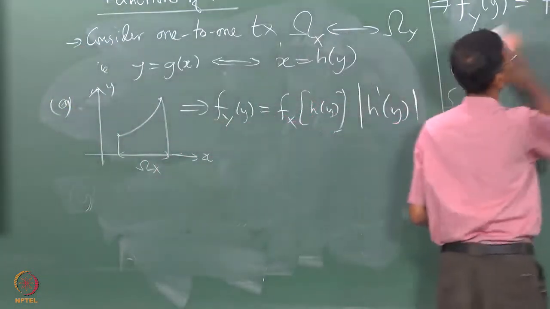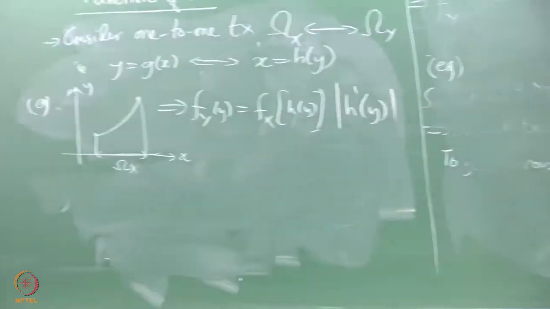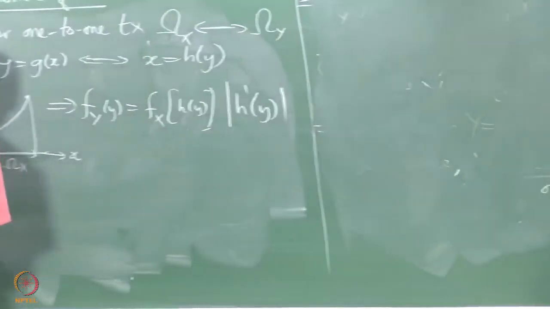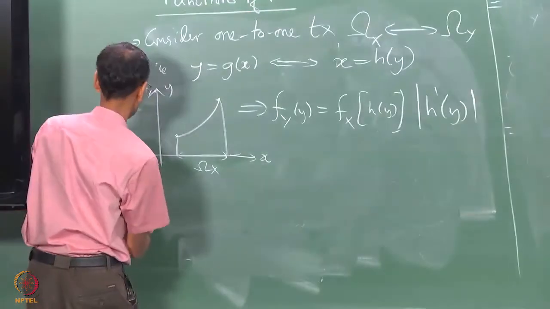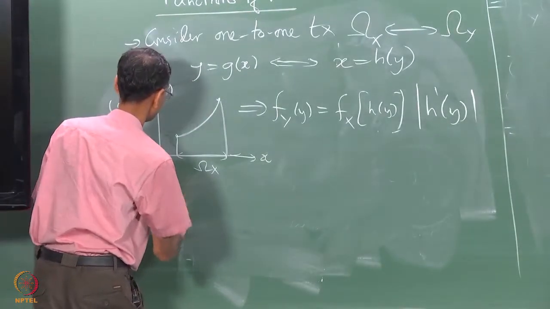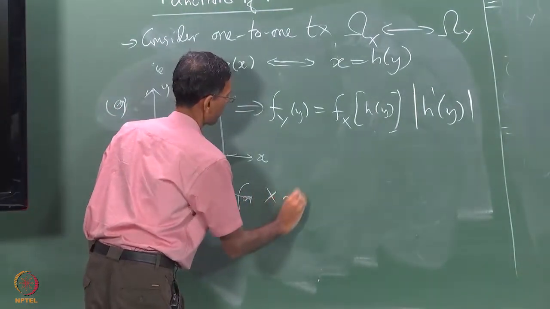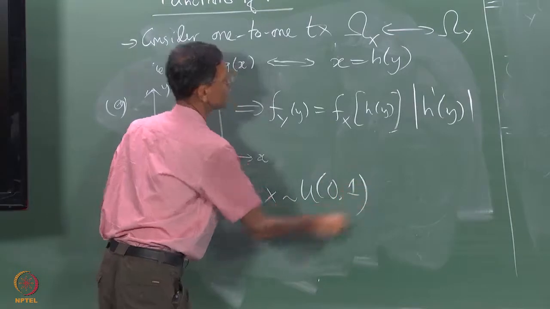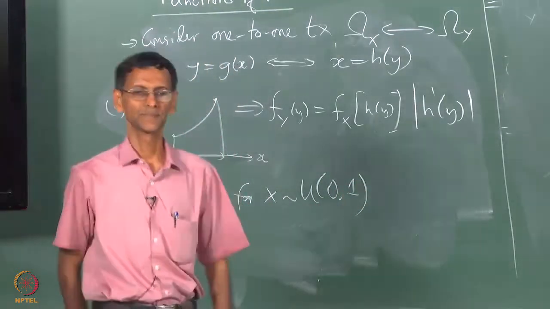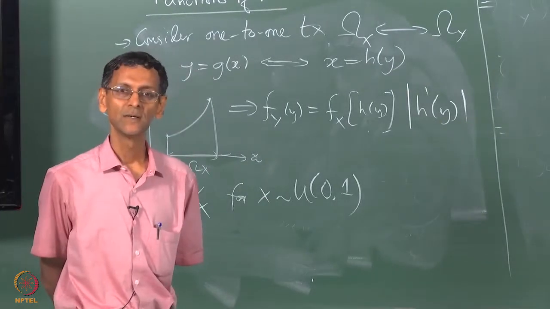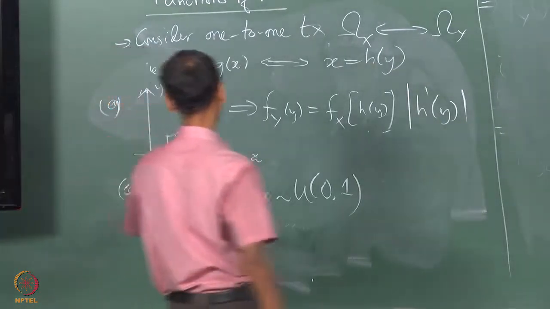So, if I do that, by the time I erase this, you should tell me the answer. The reciprocal, what is the answer? Does this qualify as a one to one transformation? What is omega y?